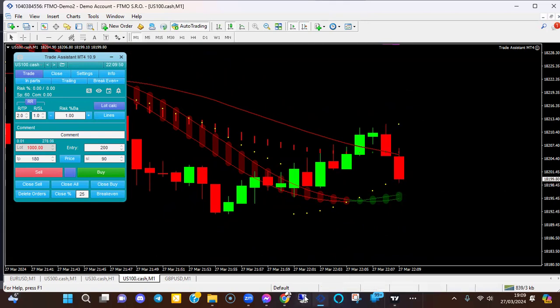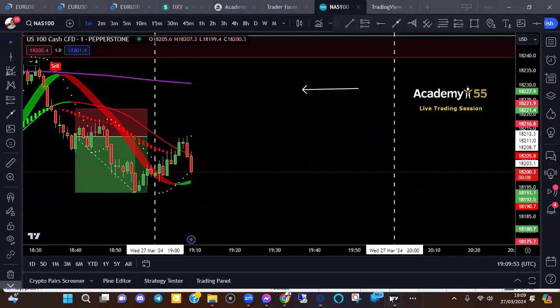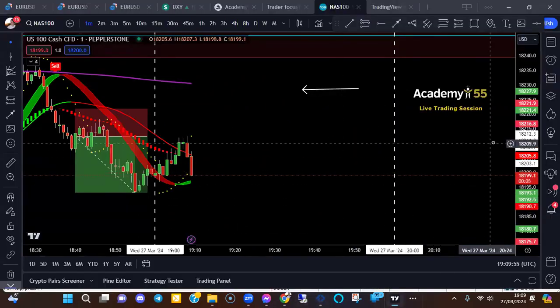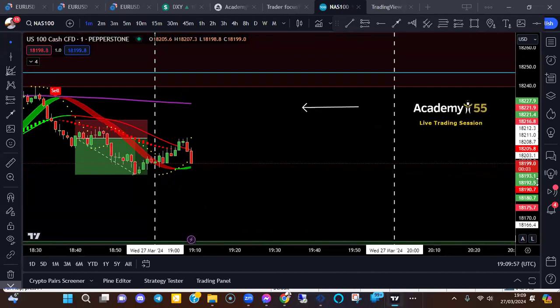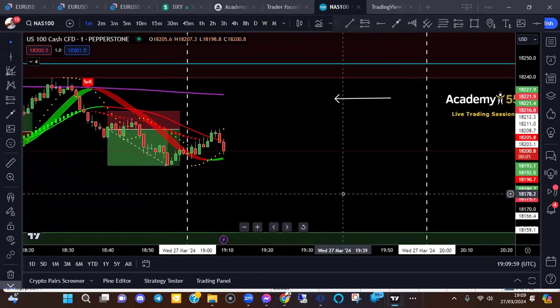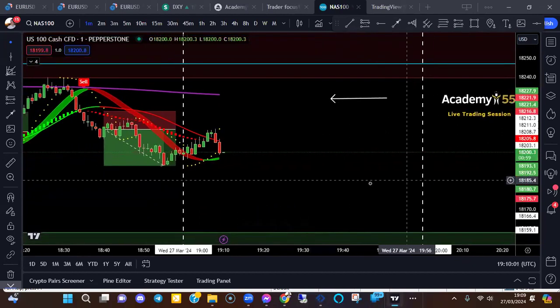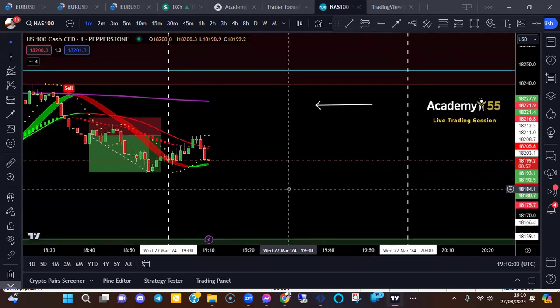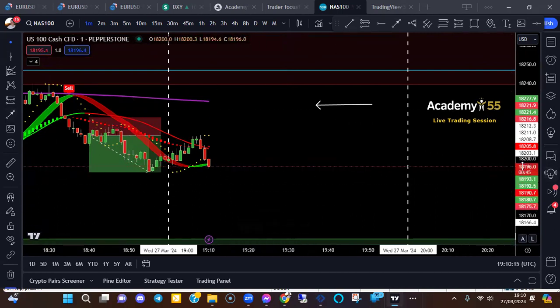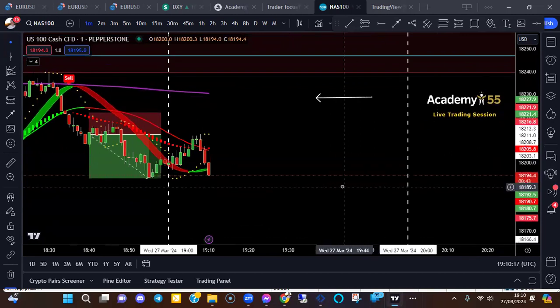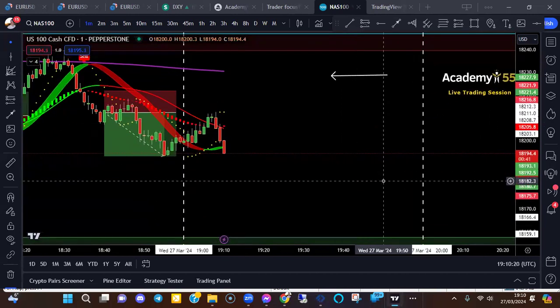So no trade at the moment. So back over to TradingView, and more waiting. And of course, we're still under that sell alert, so I can't do anything until it makes a move upwards, if ever it does.